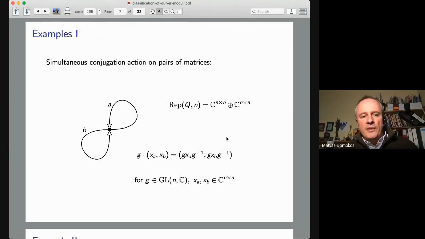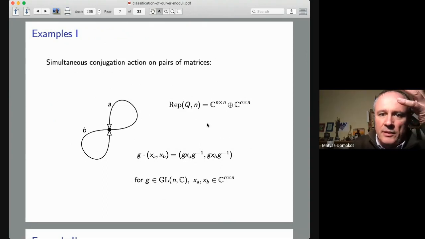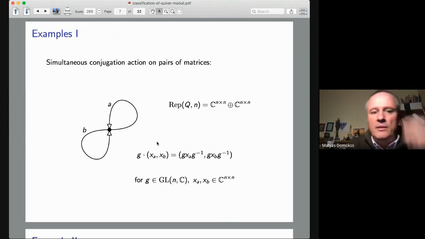For example, if you take the two-loop quiver, which has one vertex and two loops, then the representation space for the dimension vector n is just the space of pairs of n by n matrices with the simultaneous conjugation action of the general linear group.